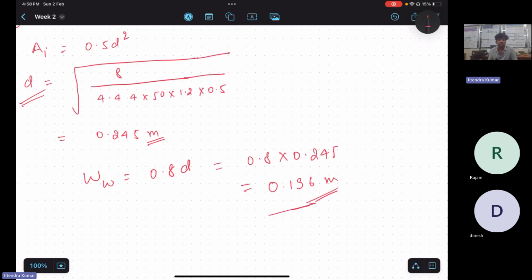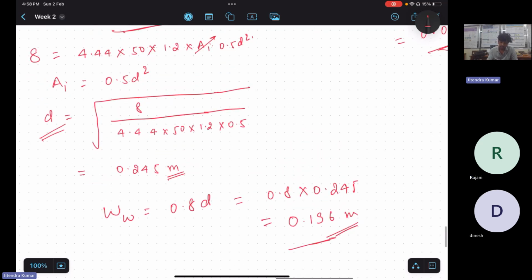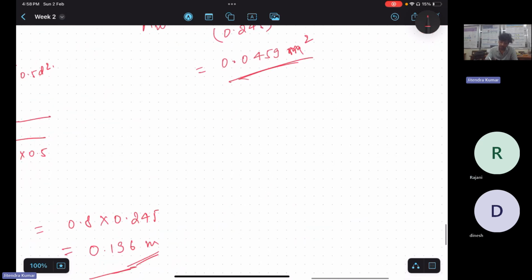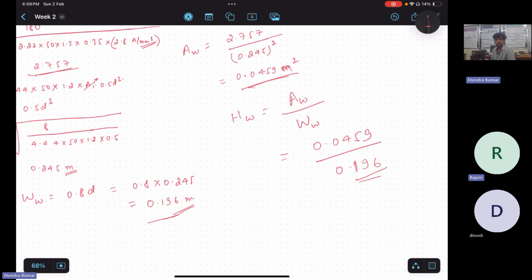Now can we calculate the height of the window? We can calculate it from the area of the window, which we have already calculated. So height of the window is the area of the window divided by the width. 0.0459 divided by 0.196. So 0.234.